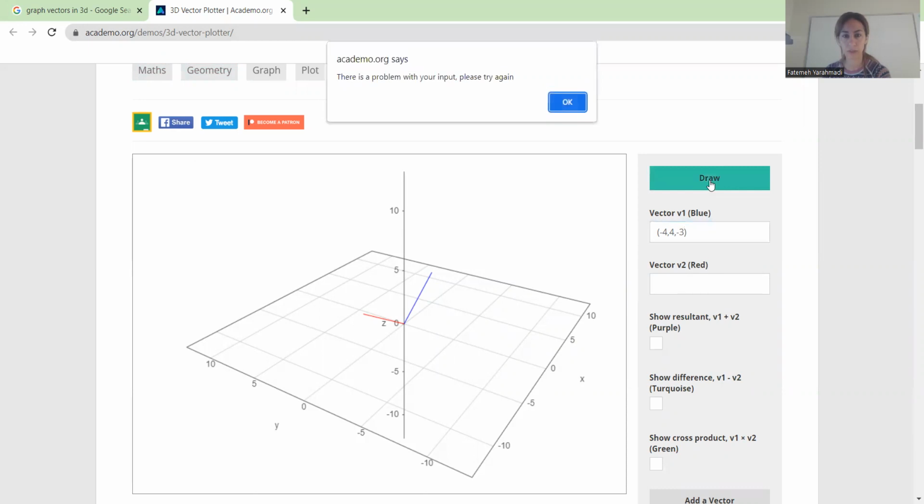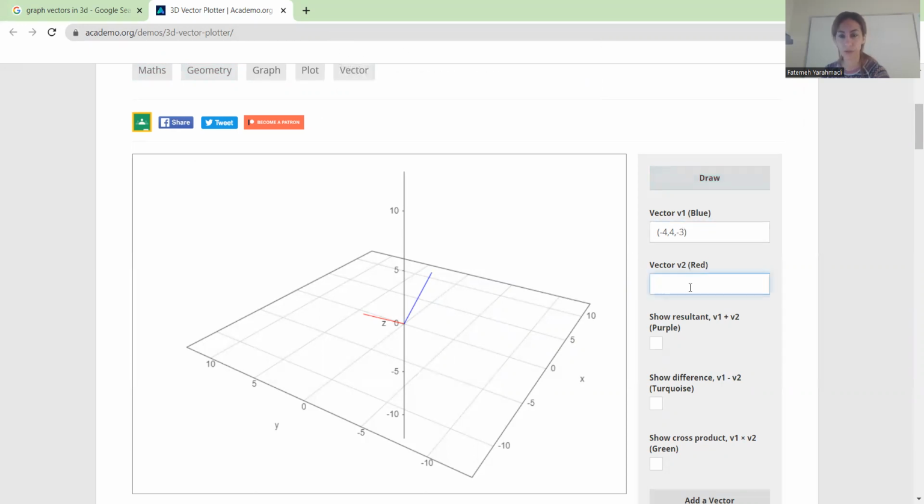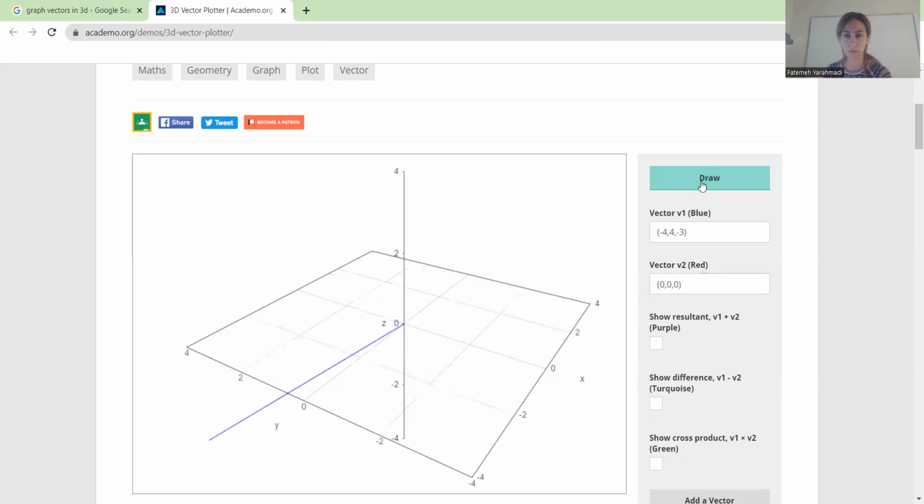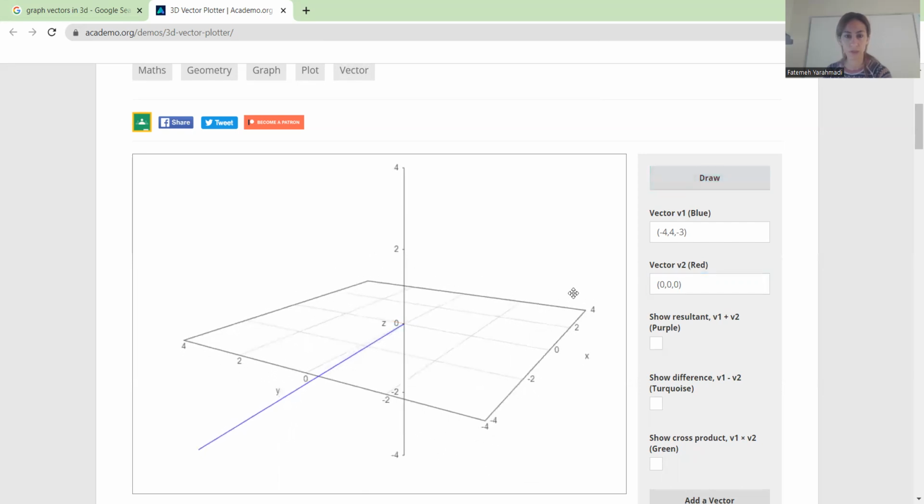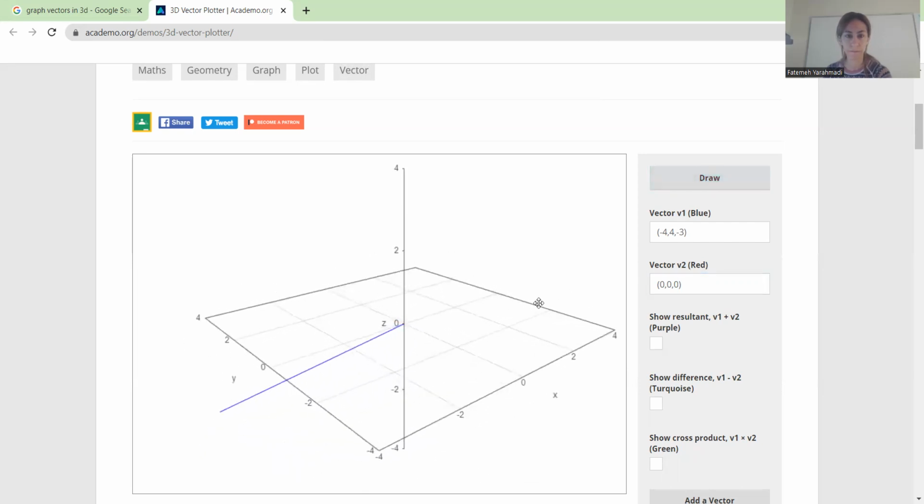Let's graph this vector. And suppose this is 0, 0, 0. And we're going to add more vectors. There we go. So this is the vector that you see.